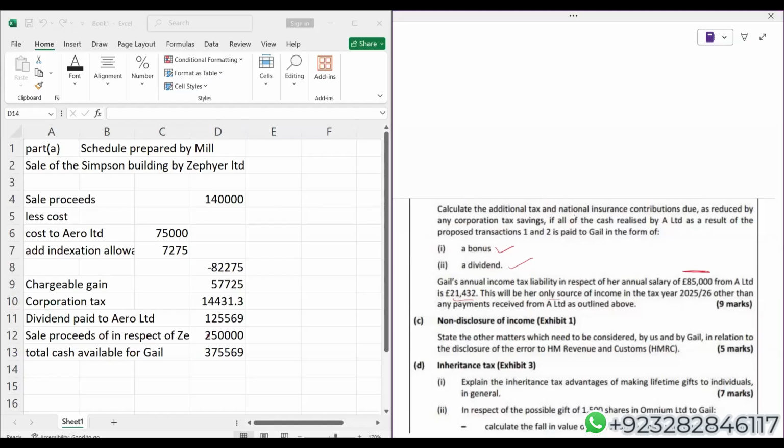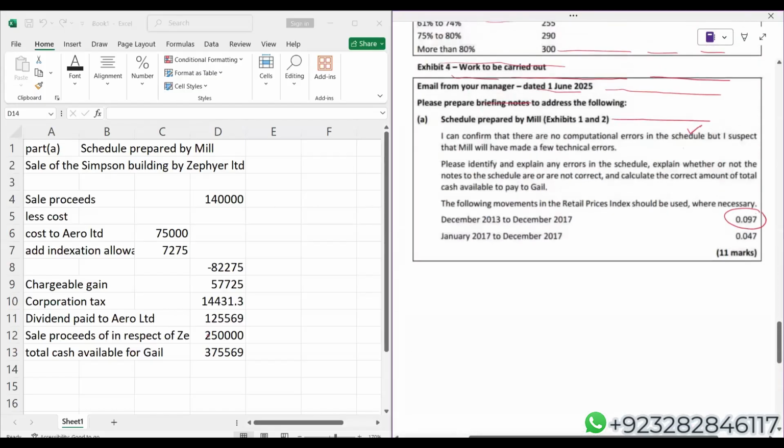This will be her only source of income in the tax year 25-26 other than any payment received. Whatever is now going to be available in the form of dividend or bonus will be additional income. Otherwise, she has only one income, which is salary from Arrow, 85,000. Income tax liability is 21,432, and we are required to calculate additional income tax as well as additional NIC. Let's see.